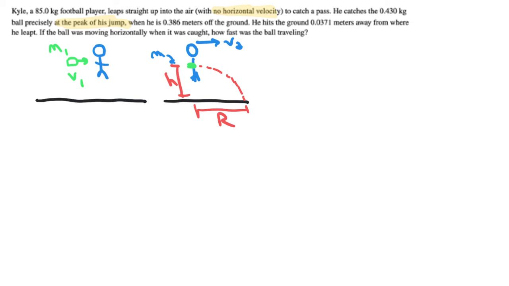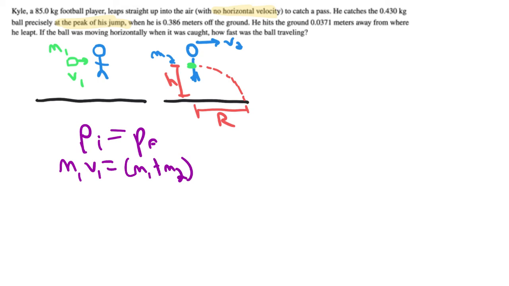So P initial equals P final, or m1 v1 equals (m1 plus m2) v2. Unfortunately, we don't have v2, so we're going to have to go and find v2. We're going to do this kinematically.